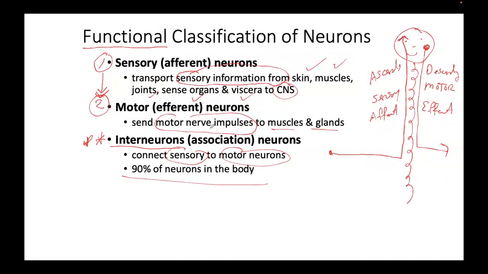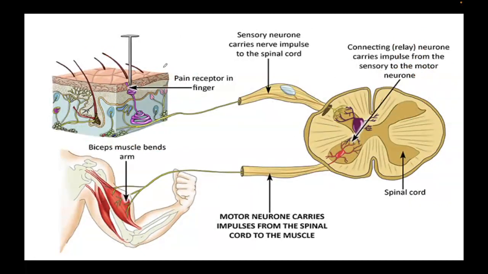So let's take a look and say, okay, here is a nail or a pin or a thumbtack, and it hits your hand, it hits your skin, your fingertip or something. You go, ouch. Well, how do you know? Well, there is a pain receptor in your finger to pick up that painful stimulus.